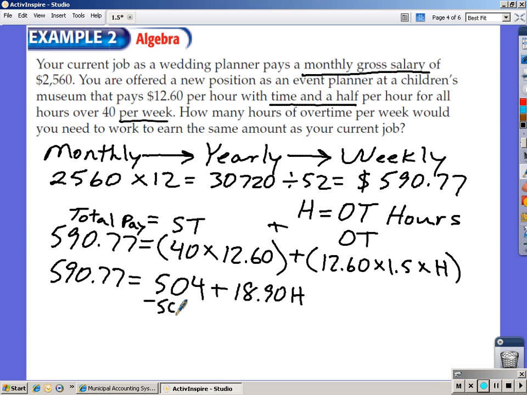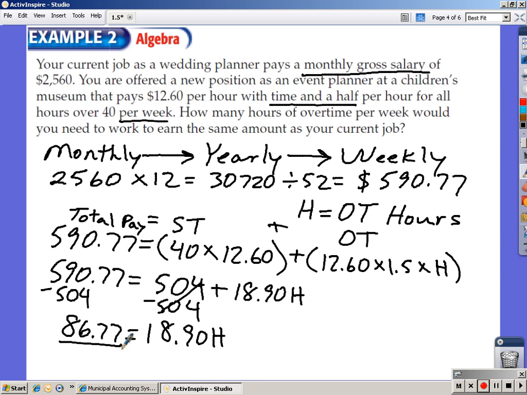Subtract 504 from both sides. 590.77 minus 504 is 86.77 equals, that cancels, 18.90H. Divide both sides by 18.90.